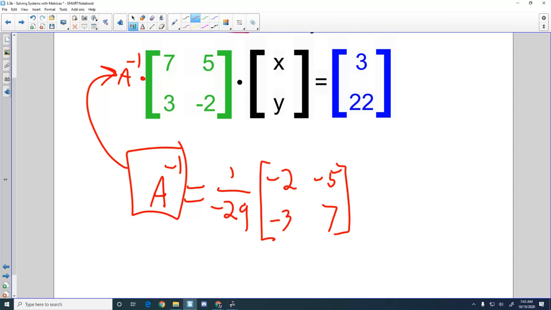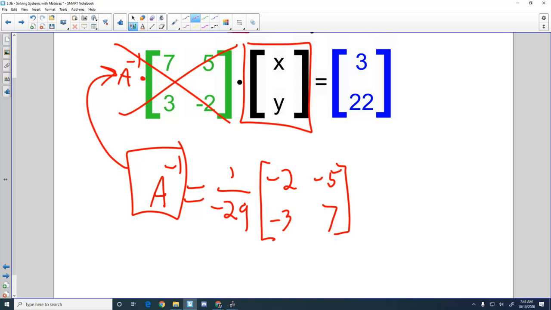We should not. Because we know that any matrix times its inverse just cancels it out. That's why we multiplied by the inverse. We wanted to cancel it out. Because if I cancel out that matrix, look what we're left with on the left side is just the variable matrix. That's what we're looking for. That's our goal, to solve this equation for that unknown quantity. So I don't need to bother multiplying on the left by this A inverse.